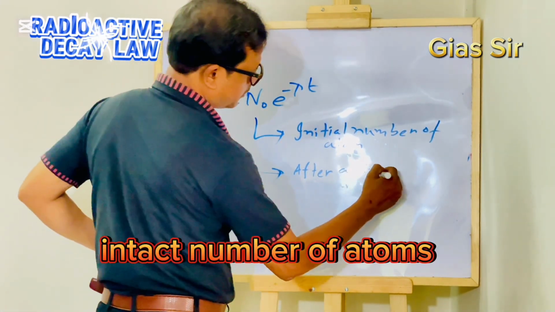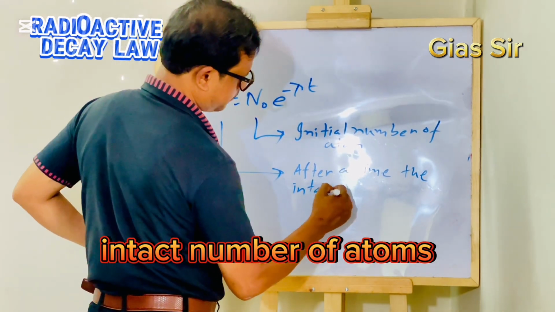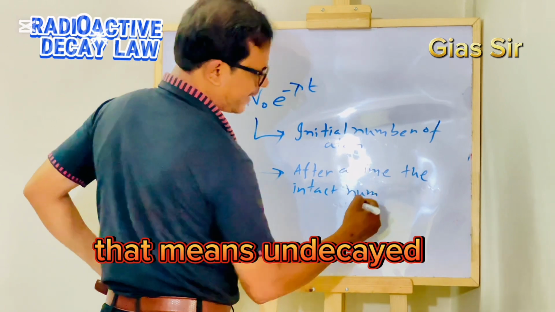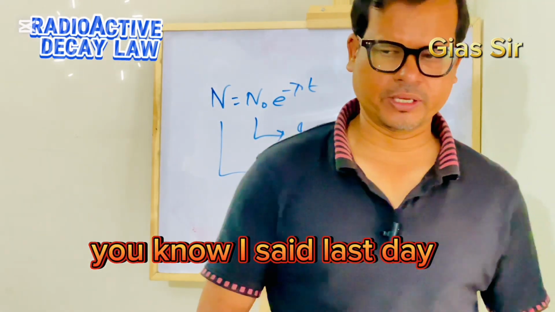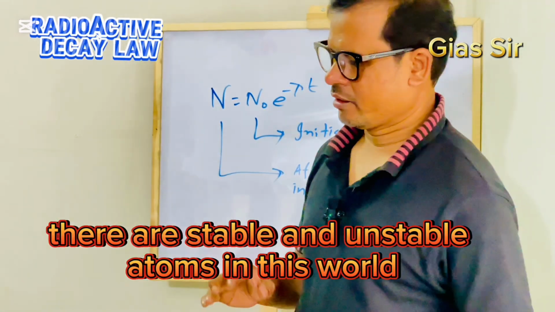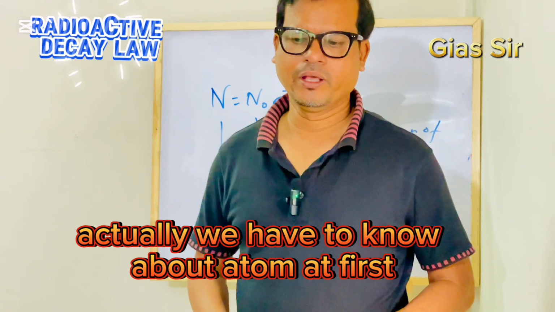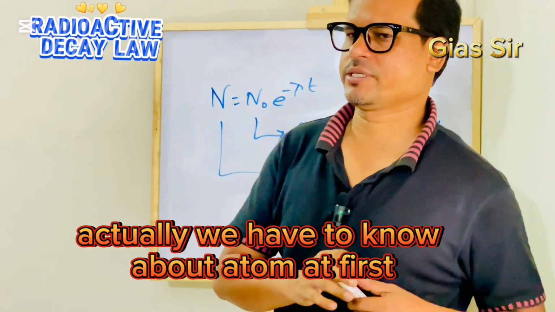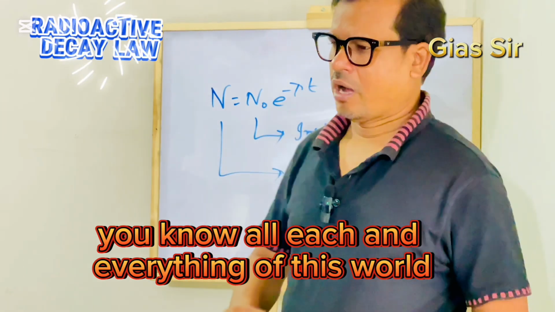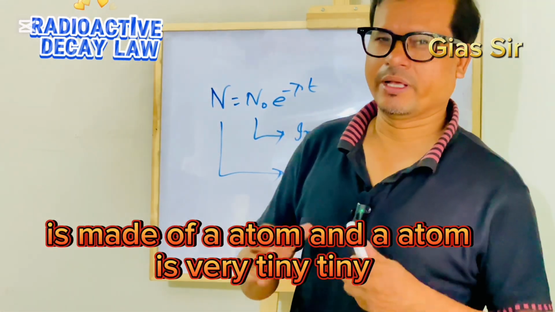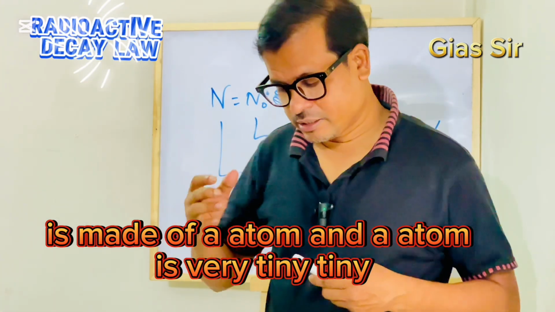after time, the intact number of atoms, that is, undecayed. You know, I said last day about stable and unstable atoms in this world. Actually, we have to know about the atom first. You know, each and everything of this world is made of atoms, and an atom is very teeny, tiny.